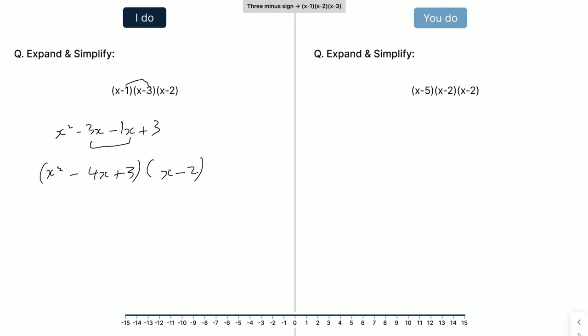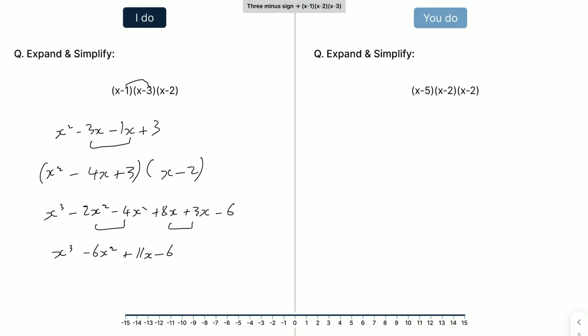Now we're going to expand out again. So that then becomes x cubed minus 2x squared minus 4x squared plus 8x plus 3x minus 6. And that then becomes x cubed minus 6x squared plus 11x minus 6.